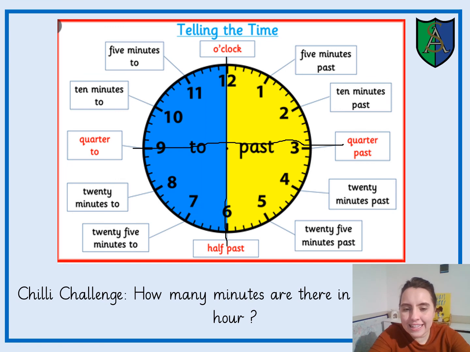So we can clearly see now that our clock is in quarters, because a quarter means that we've split it into 4 equal pieces, doesn't it? Okay, so there's 1 quarter here. Let me just write 1. There's 1 quarter there. There's 1 quarter here. And there's a final quarter there. So there's 1, 2, 3, 4 quarters.